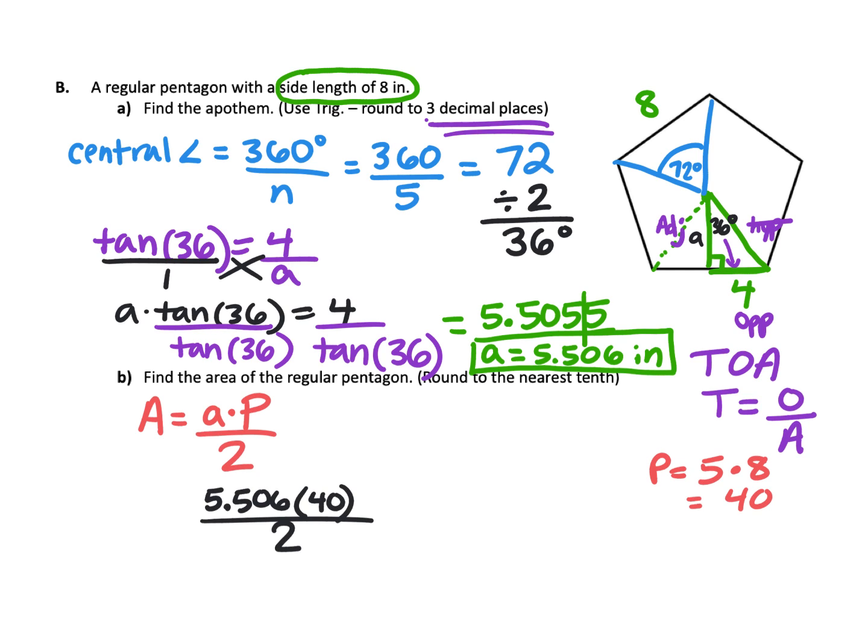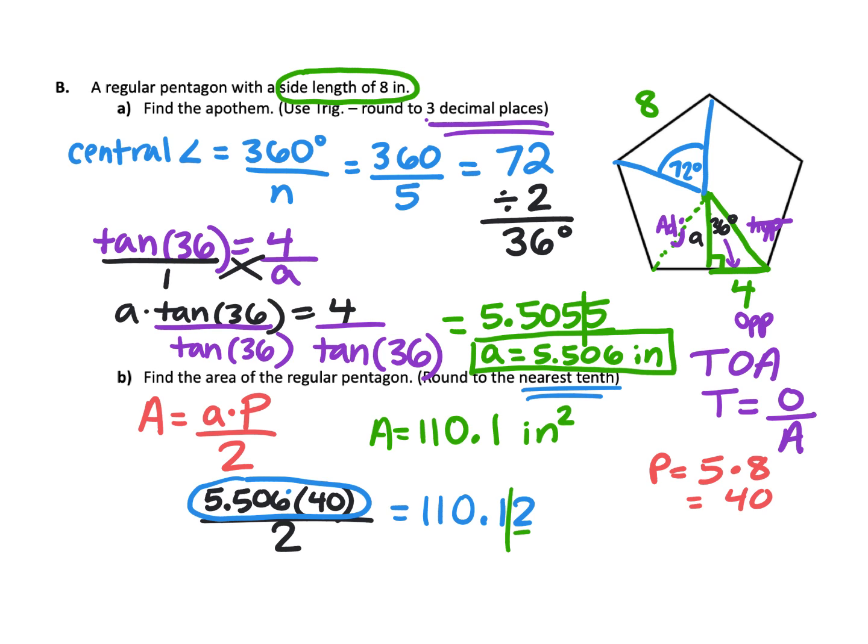Multiply that on your calculator, and then divide by 2 at the end. So I'm going to type the top in first, hit enter, and then divide the answer by 2. And when you do that, you are going to get 110.12. So if we round to the nearest tenth, 1 decimal position, we would say the area is 110.1, and it is inches squared.